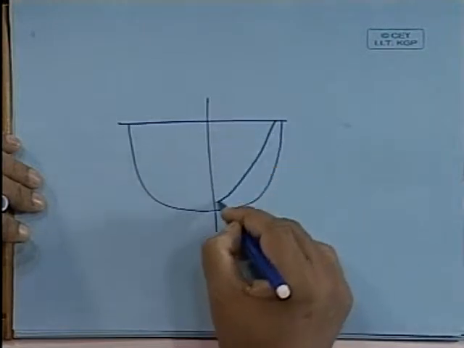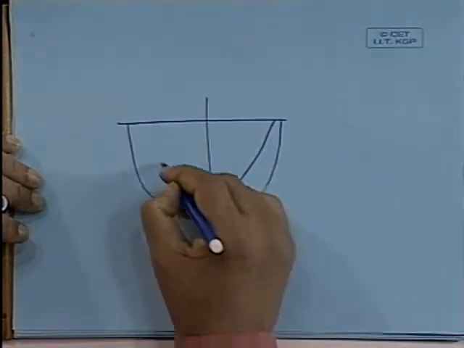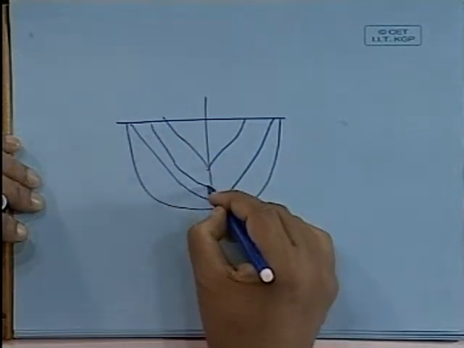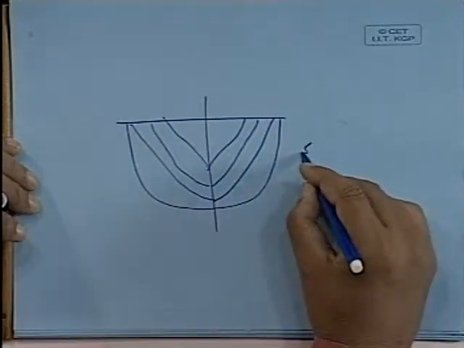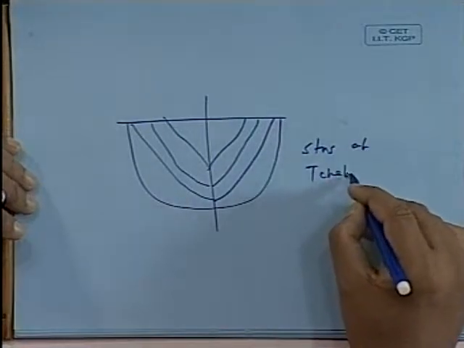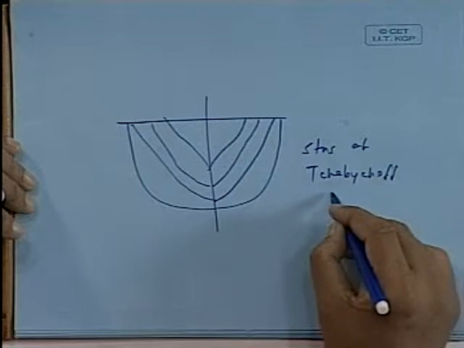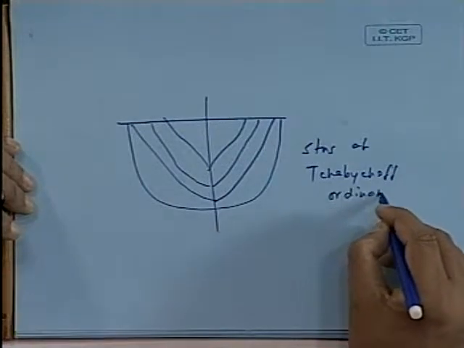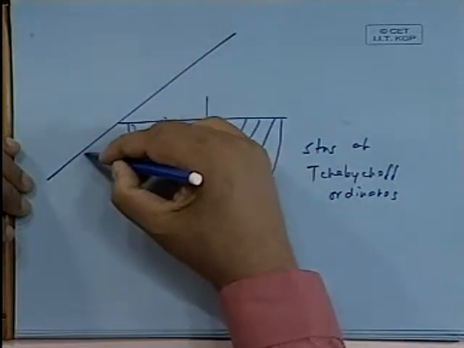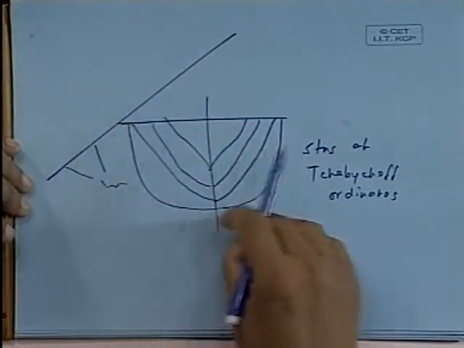You have to draw the full one; here you cannot draw half one. If you draw the stations at these, and you now take an inclined line here, take your instrument here and take the instrument round.